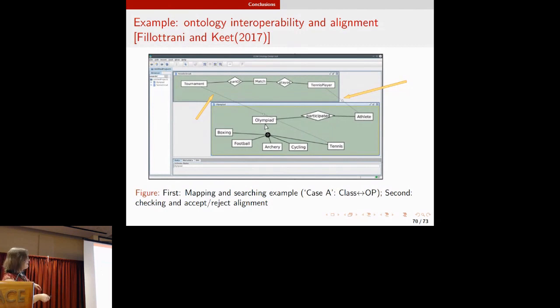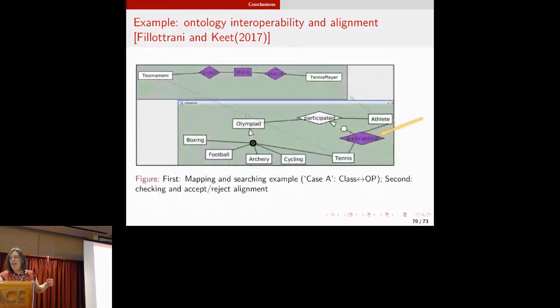You have your Olympiads with sports, a tournament and a tennis player, and the alignments, the subsumption here and there. With those heterogeneous alignments we can compute that this reification amounts to the same thing as what you have over here.